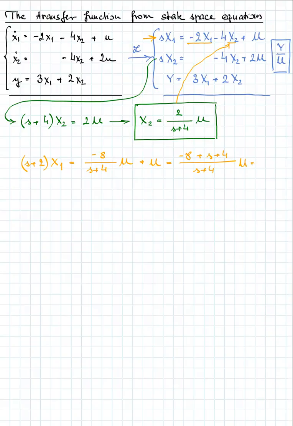Finally, this will be (s minus 4) over (s plus 4) times U. From this, X1 will be (s minus 4) over (s plus 4)(s plus 2) multiplied by U.